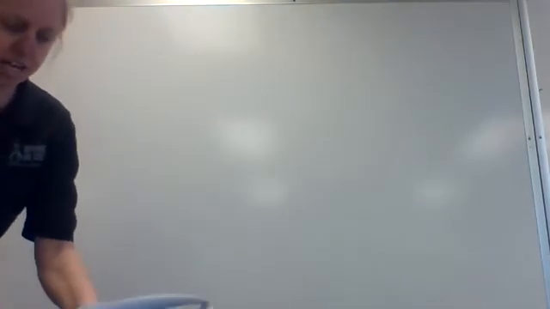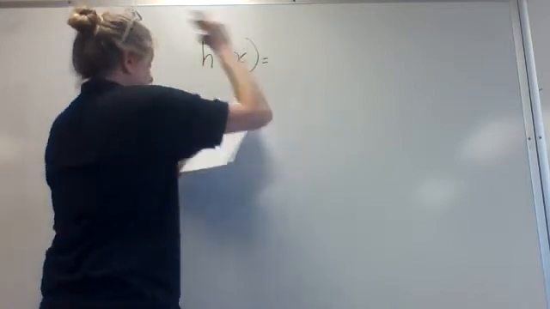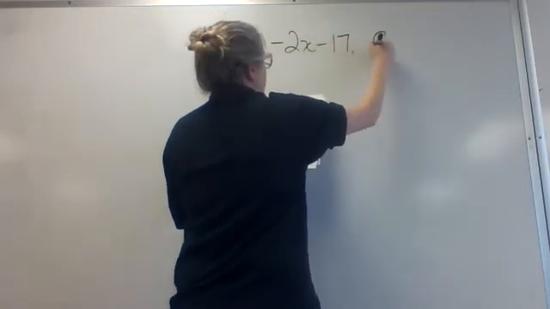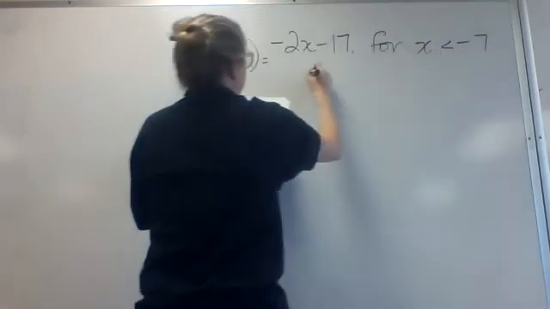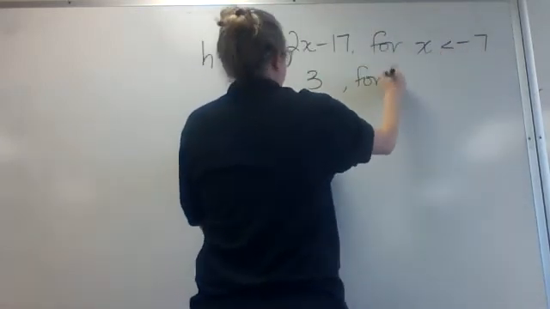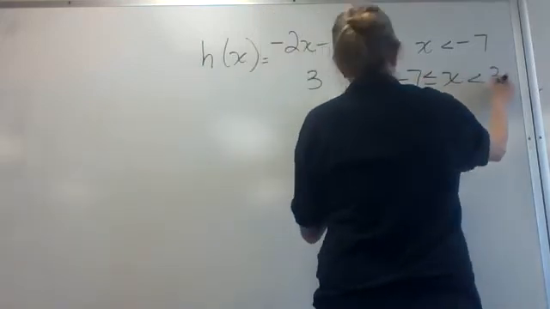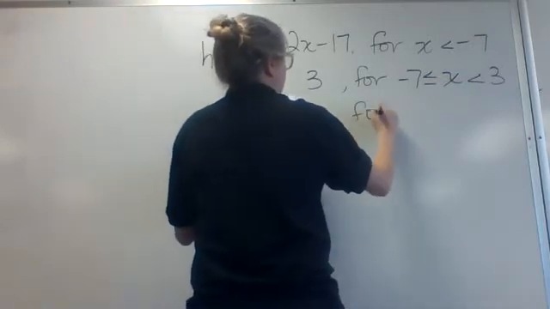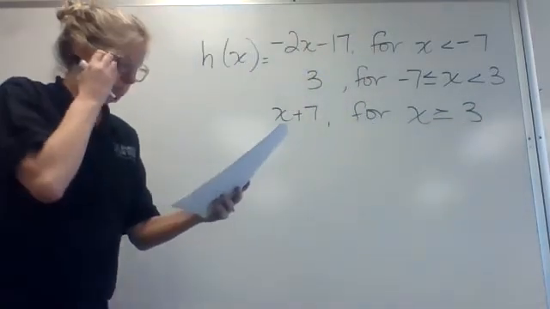So one step further than that last piecewise function, this time the function is h of x equals -2x minus 17 for when x is less than -7, 3 for -7 is less than or equal to x, which is less than 3, and x plus 7 for when x is greater than or equal to 3.